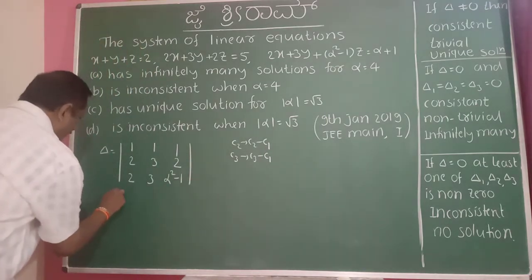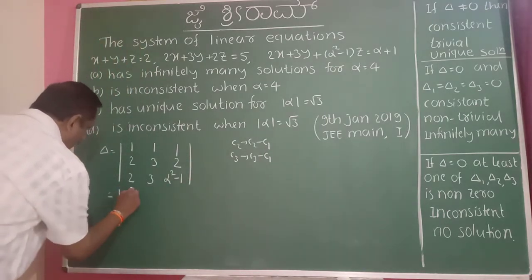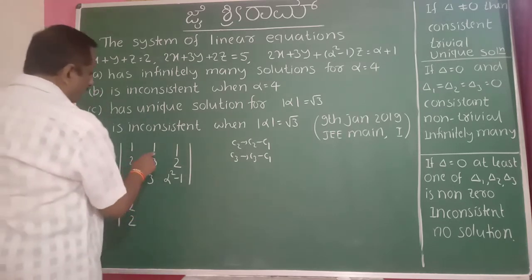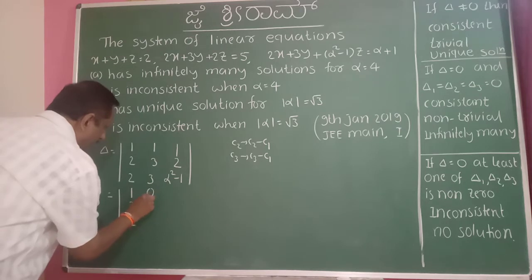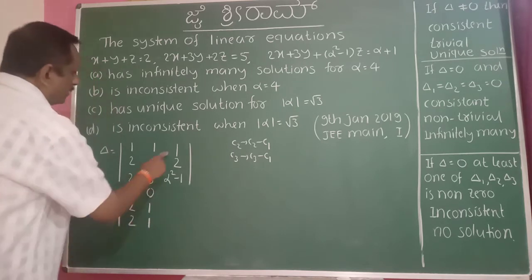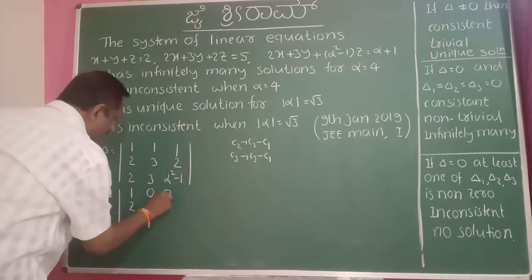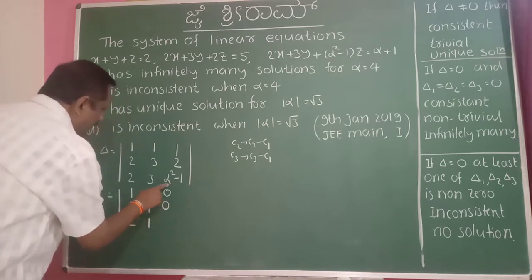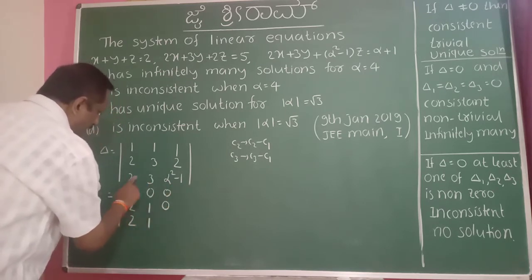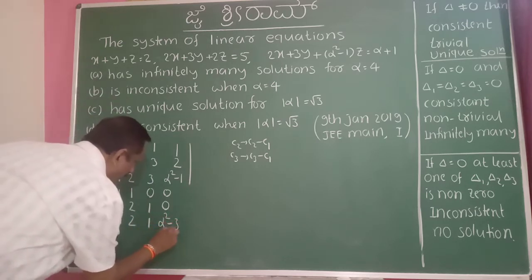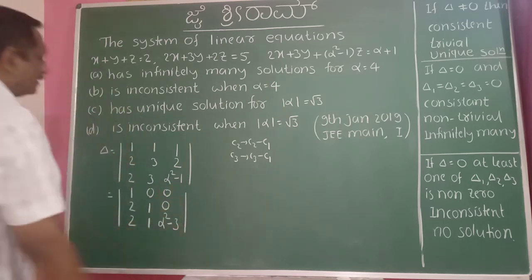Therefore this equals the determinant of 1, 2 and 2 kept as it is. 1 minus 1 becomes 0. 3 minus 2 gives 1. 3 minus 2 gives 1. 1 minus 1 becomes 0. 2 minus 2 becomes 0. Alpha square minus 1 minus 2, that is minus 1 minus 2 gives minus 3, so alpha square minus 3.